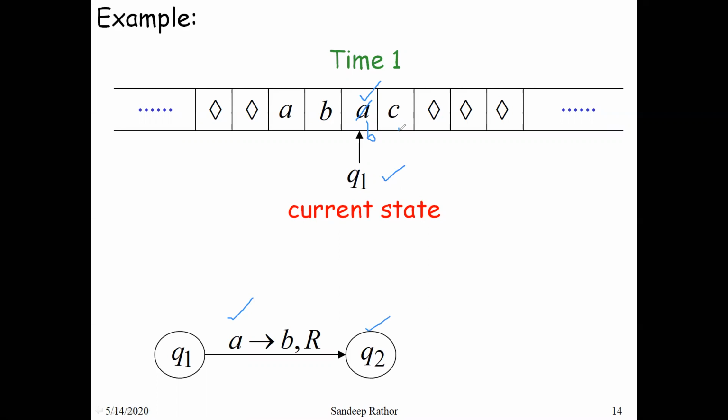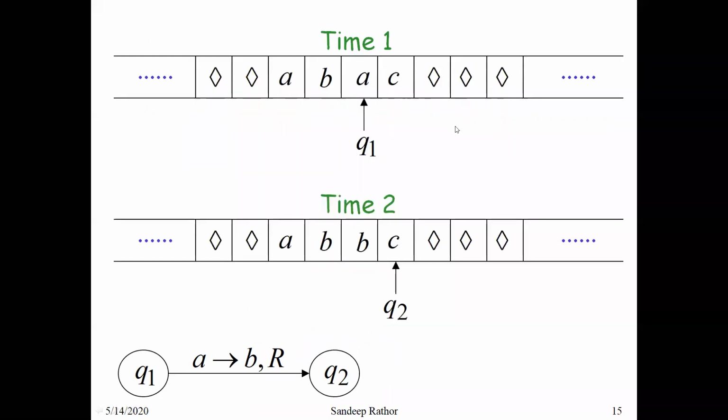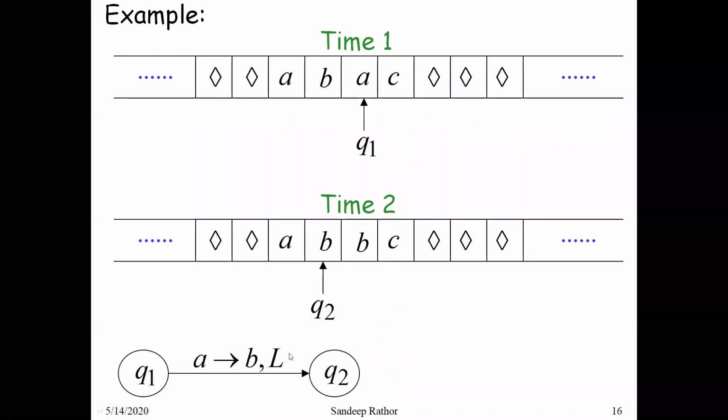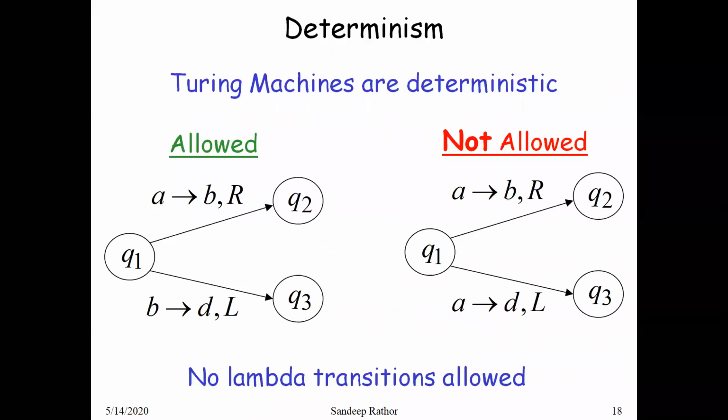Movement to the right means the head will now point at C, and the new state will be Q2. That is the representation of this transition diagram. Similarly, we can represent more examples using this diagram. Q1, A, B, R means we are just moving to this one. So this is the basic representation of these machines.